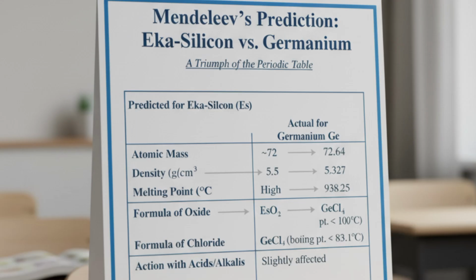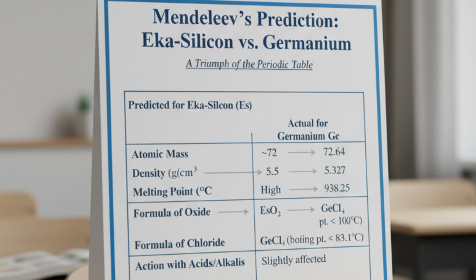The second prediction is for eka-silicon, this time known as germanium. Predicted atomic weight is 72. Predicted density is 5.59 grams per cubic centimeter. Formula of oxide is EO2. Germanium's actual atomic weight is 72.6. Actual density is 5.323 grams per cubic centimeter. Formula of oxide is GeO2.